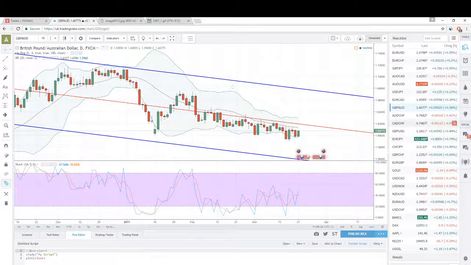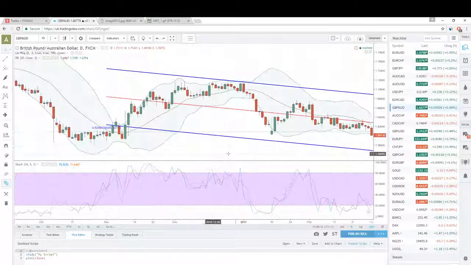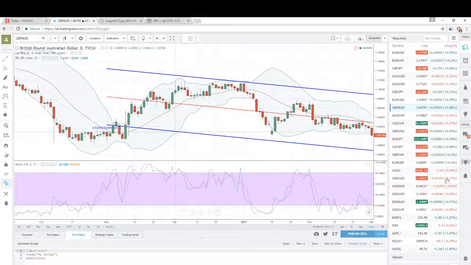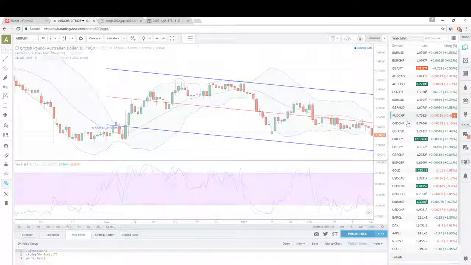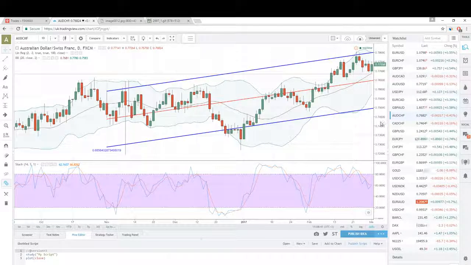Of course, you need confirmation from other indicators that you probably use, let's say stochastic, or some other indicator that shows you when the market is overbought or oversold.